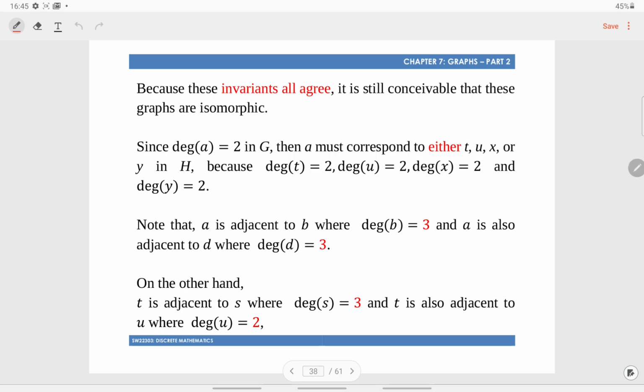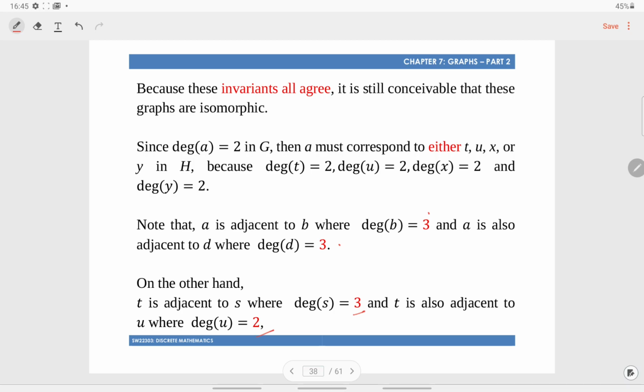On the other hand, when we check the graph H, the vertex T is adjacent to S, where the degree of S is 3, and T is also adjacent to U, where the degree of U is 2. If we say that A corresponds to T, then T must also be adjacent to two vertices with degrees 3 and 3.